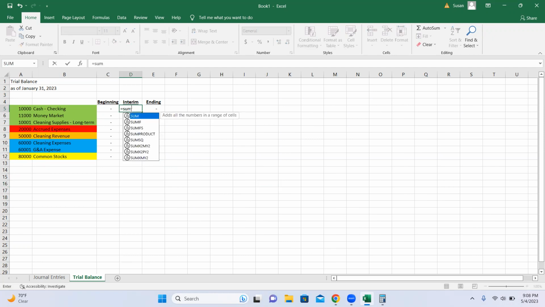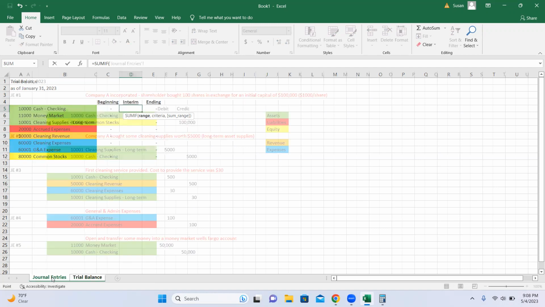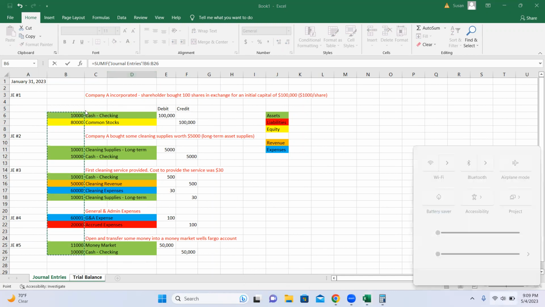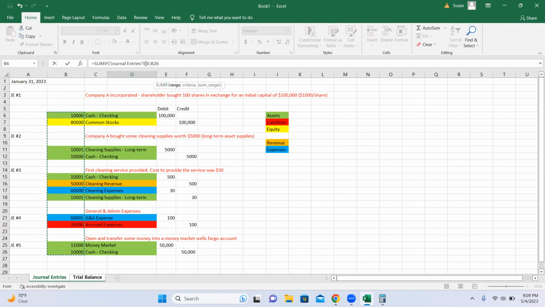So I'll do SUMIF, and the range is here. The range, I'm looking it up through the account number, and I'll lock it by hitting F4, or actually it's not working.